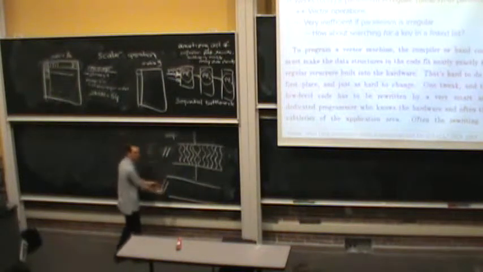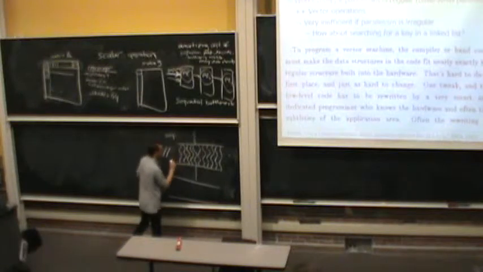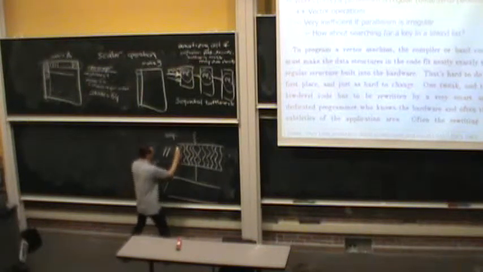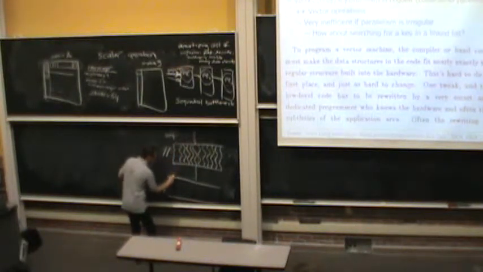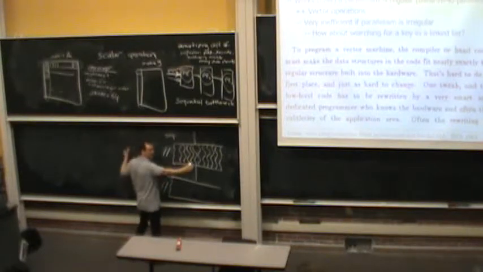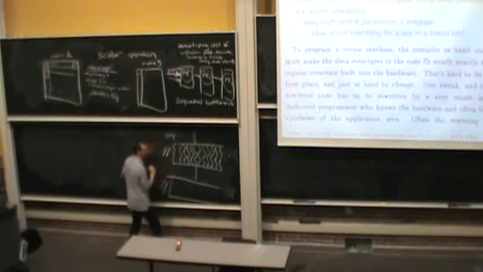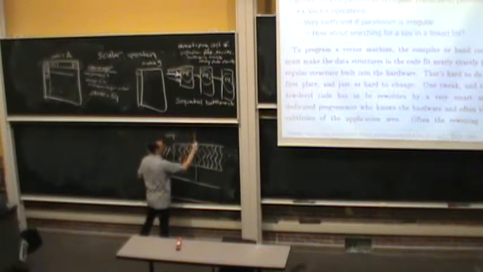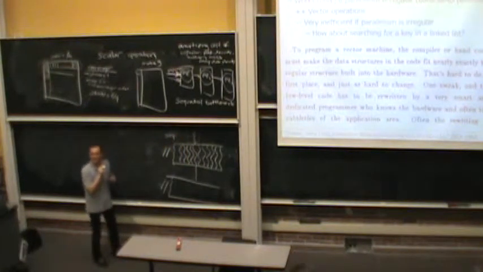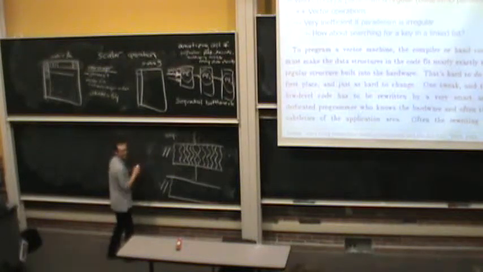A lot of programs display this structure. A lot of even scientific programs display this structure. And you can make this part faster by increasing the vector length of your machine, right? You can reduce the time you spend in the parallel portion. But now your sequential portion becomes a bottleneck. And this is essentially Amdahl's law.